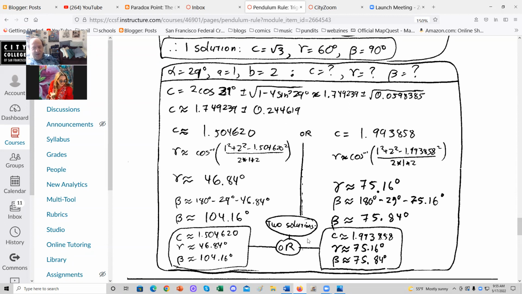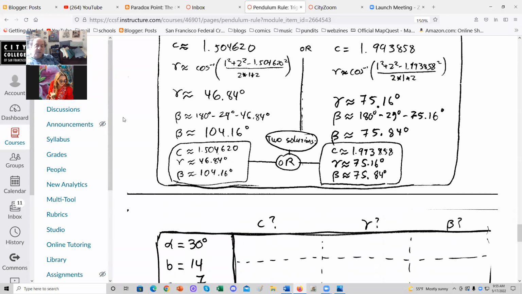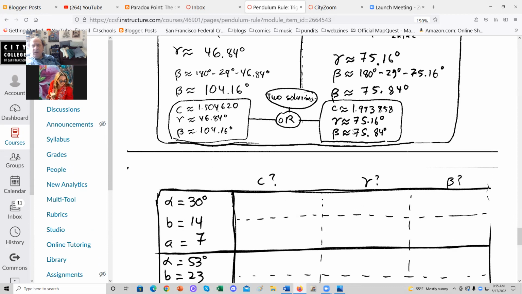Having gotten that far, we can find beta by subtracting 29 and gamma from 180. And here you get beta is 104.16 degrees. Here beta is 75.84 degrees. So we have 2 triangles. One is C is 1.5046, gamma is 46.84, beta is 104.16. And here, where C is 1.993858, gamma is 75.16, and beta is 75.84. 2 solutions.